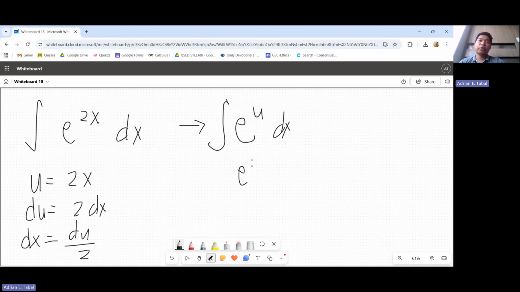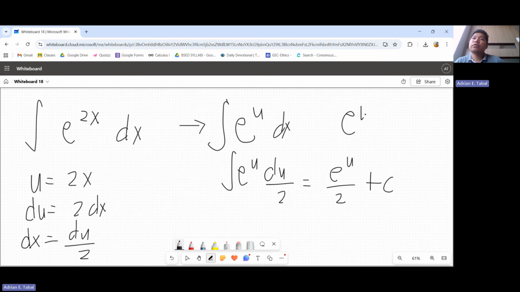So the integral of e raised to u, du over 2. Using the integral of the exponential function, e raised to something is just the same, which is equal to e raised to u over 2 plus c.